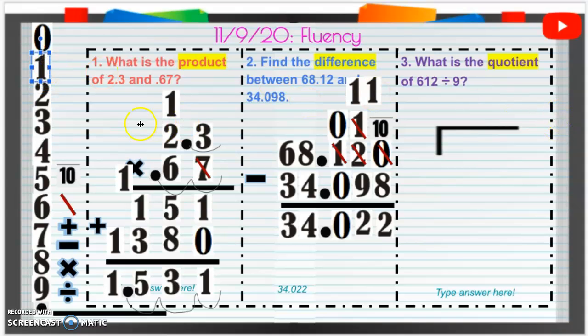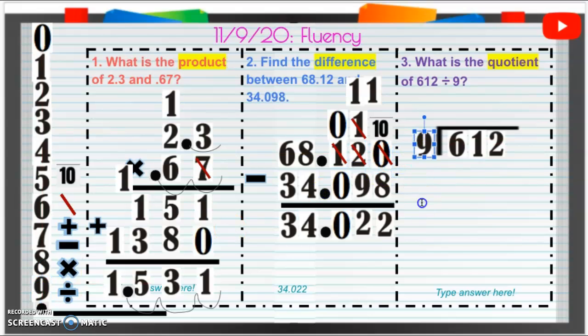So 612 is going to go on the inside: 6, 1, 2. And then divided by 9. So 9 is going to go on the outside of our house here.